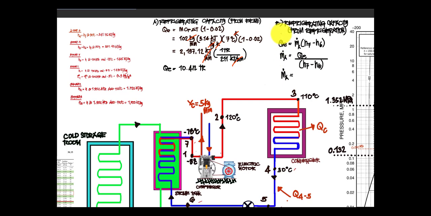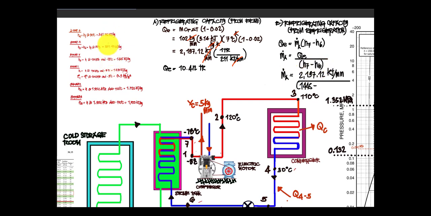In order for us to cancel the units here, 2197.12 will be in units of kilojoule per minute. Then I'm going to divide this by the change in enthalpy, H7, which is 1445, minus the enthalpy H6.